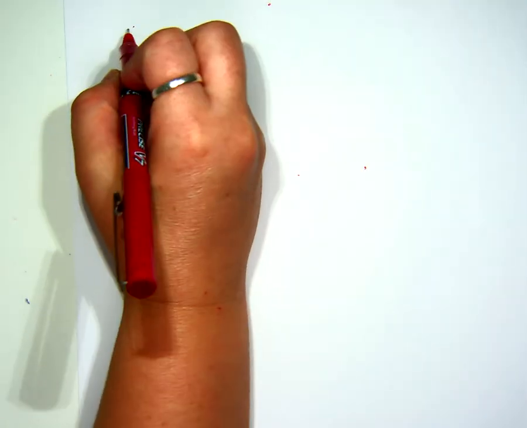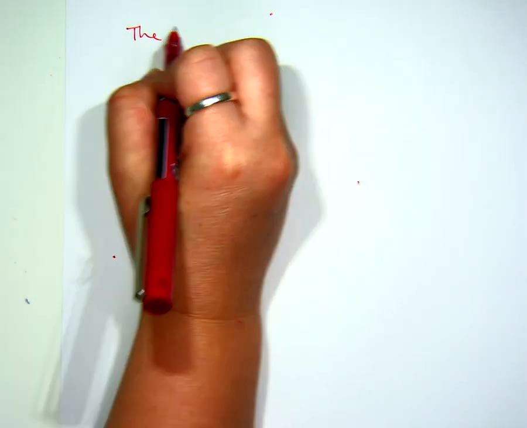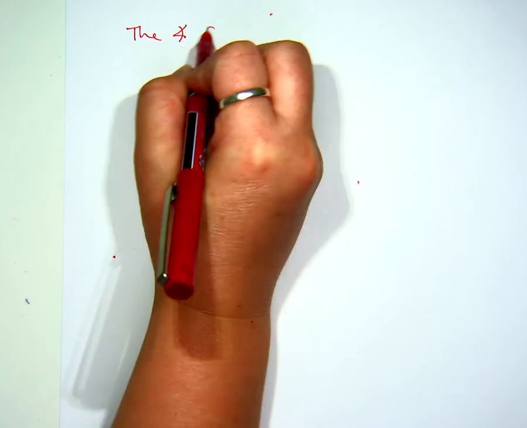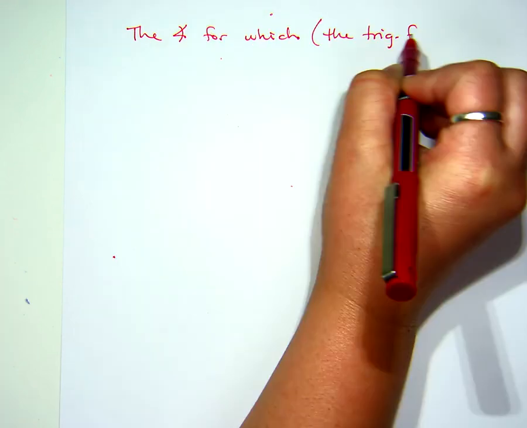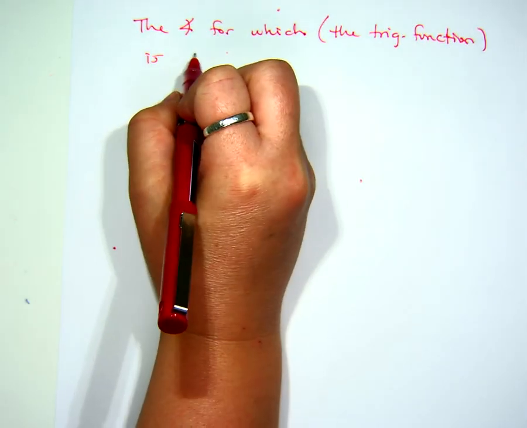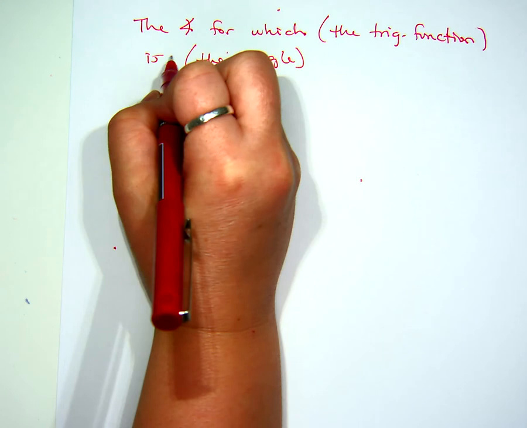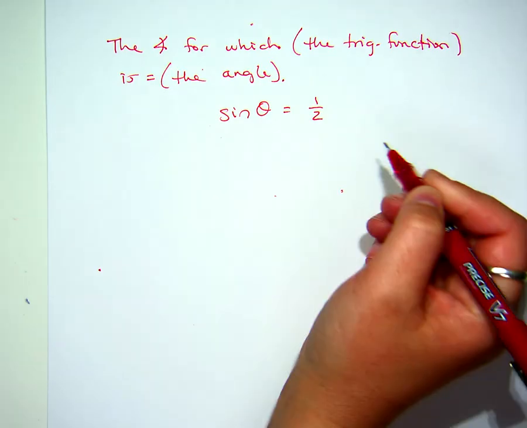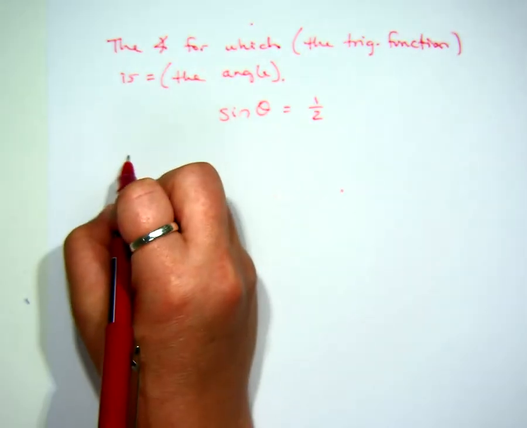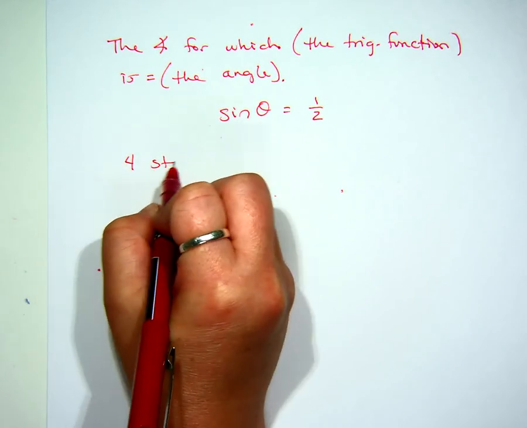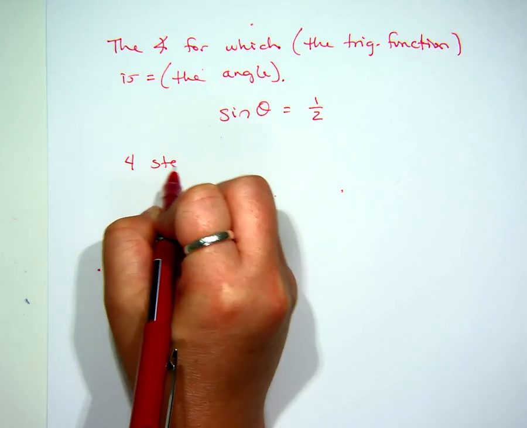You ask yourself, you write this statement: the angle for which the trig function is equal to the angle. You write this statement when you have something like sine theta equals a half. Otherwise, you have to do the 4-step process that we just went through.